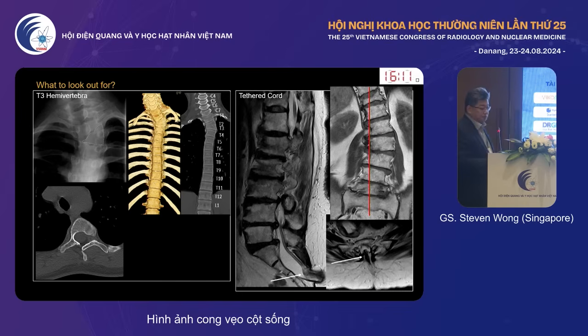Patients with tethered cord are another category where, because of the shortened length of the cord, the cord has problems lengthening, and the spine cannot elongate or grow as normal.